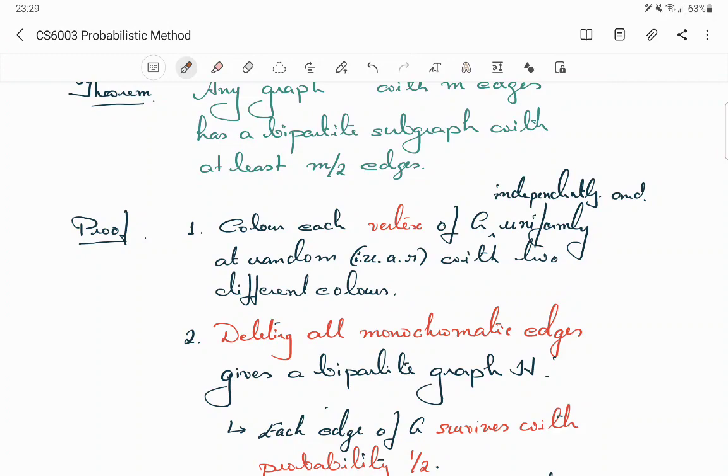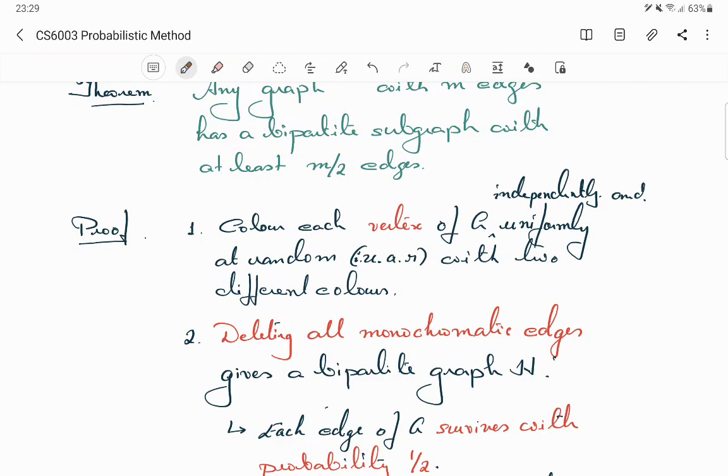This is again not a justified statement, because we did not really calculate the probability: if you just do this process using coin tosses, what is the probability that you will end up with a graph with m by 2 edges?